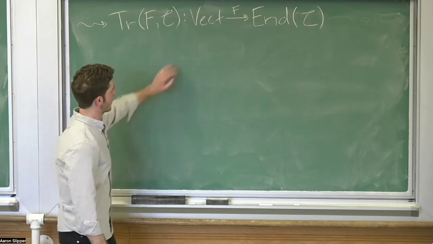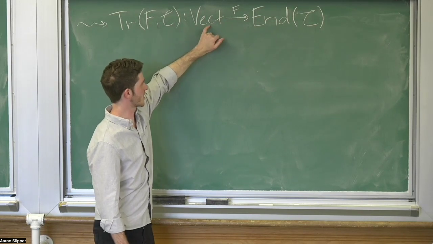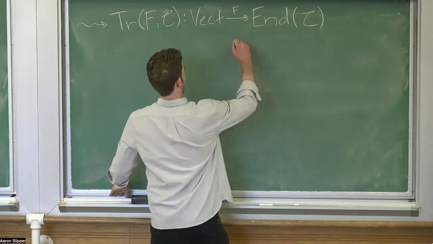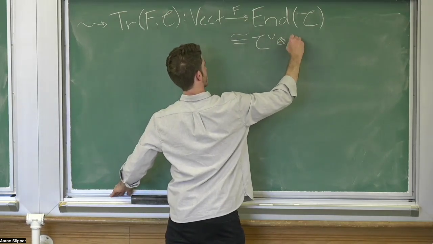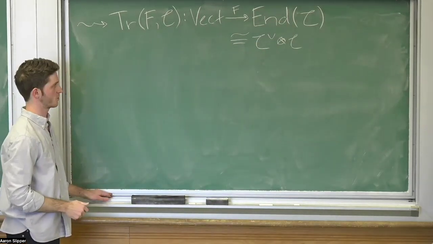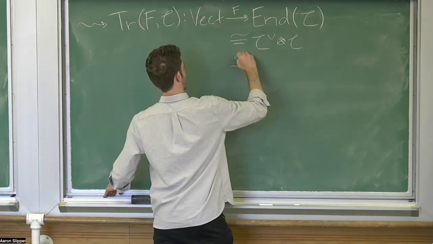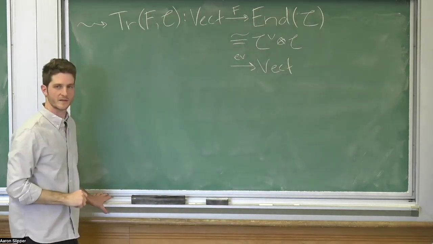So this Vect picks out the functor F: it sends the scalars, the generator, to F, and everything else is determined by continuity. This is isomorphic to C dual tensor C, by abstract nonsense, because C was assumed dualizable. And then finally, I can evaluate and end up back at the unit, which is Vect.